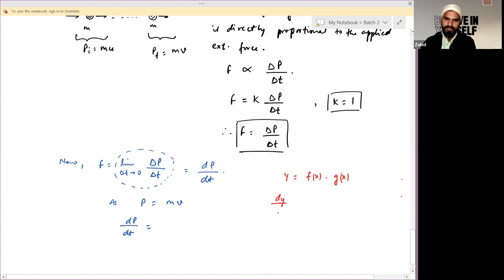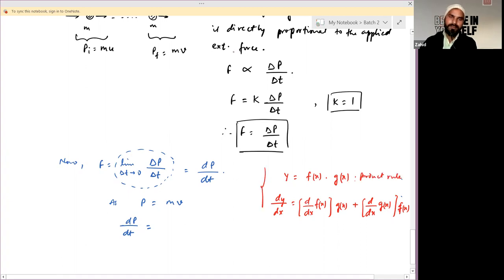If you differentiate this, having two different functions related by multiplication, it will be differentiation of the first function multiplied by the second plus differentiation of the second function multiplied by the first. This is termed the product rule of differentiation.